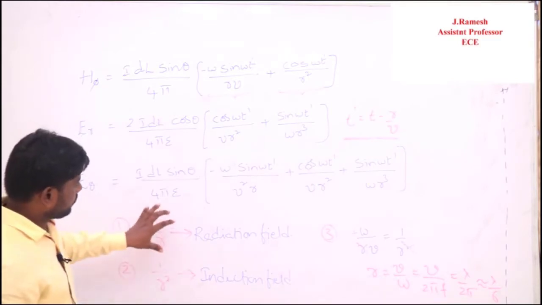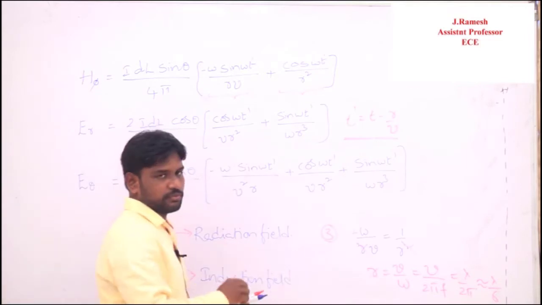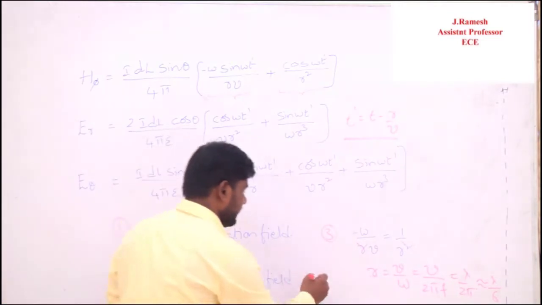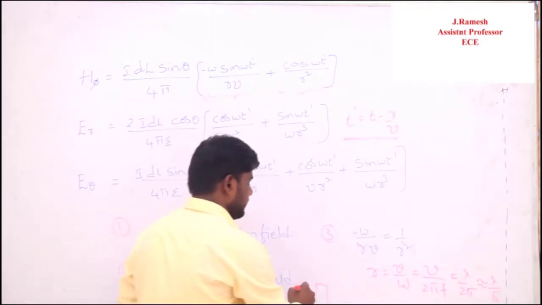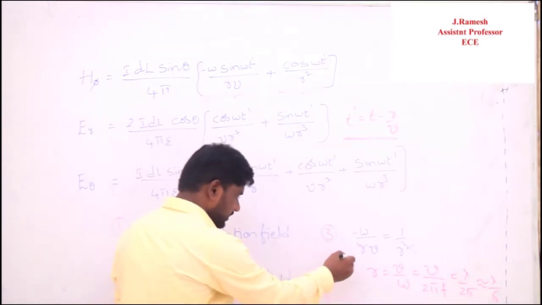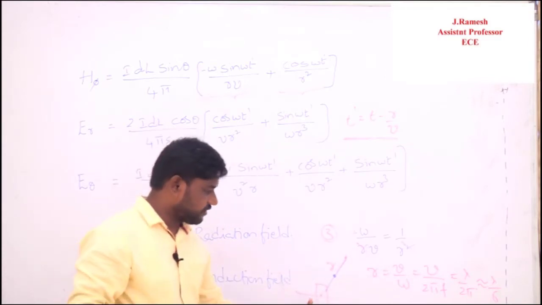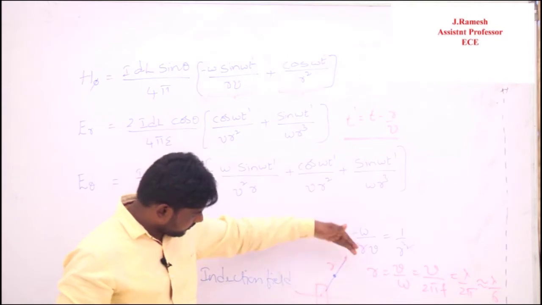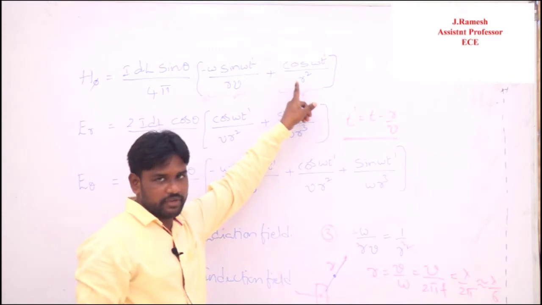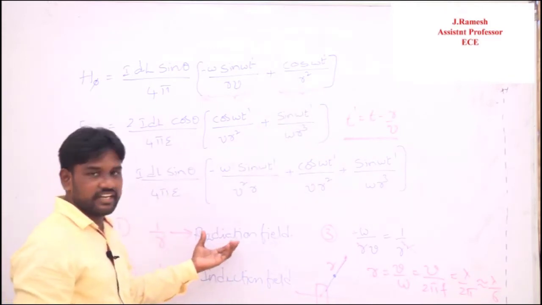But what is the significance here? Suppose r is very small, that means r is close to our electric element, the small element we discussed earlier. Then the induction term is going to dominate instead of the radiation field.